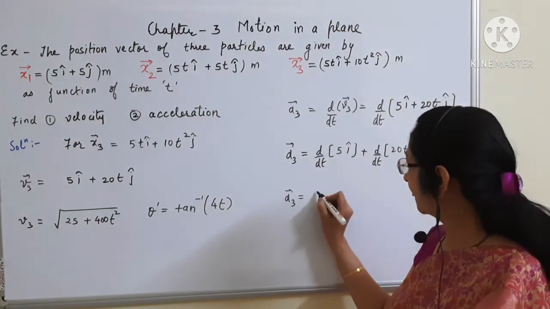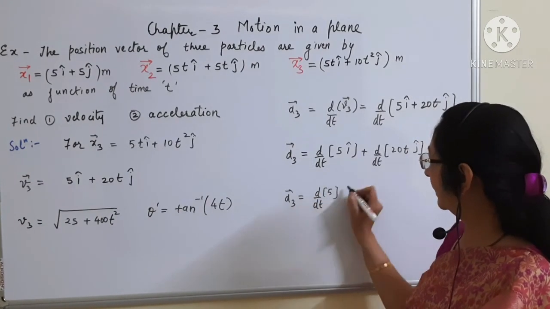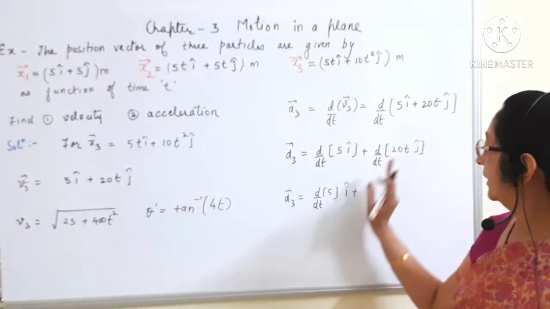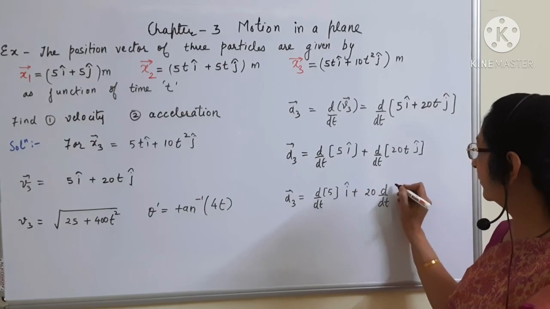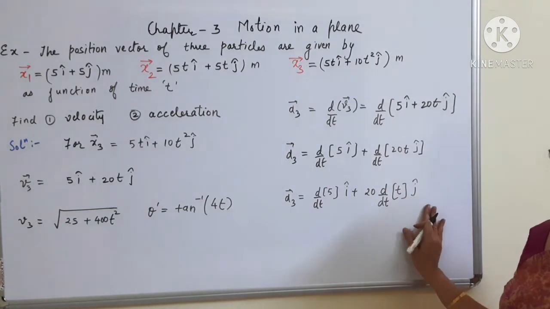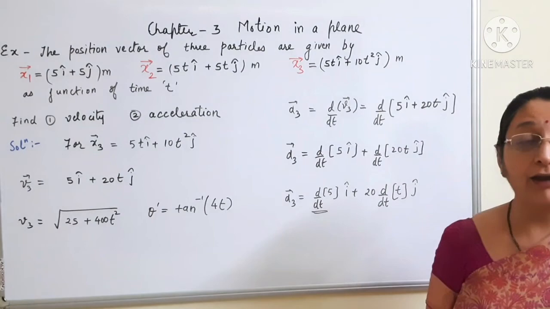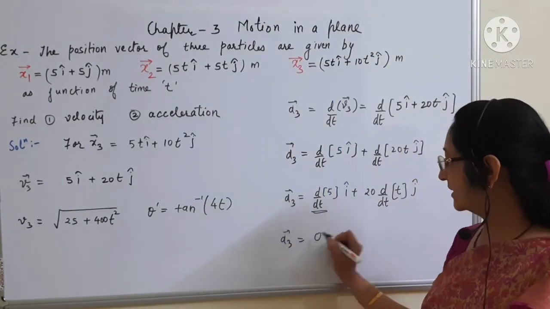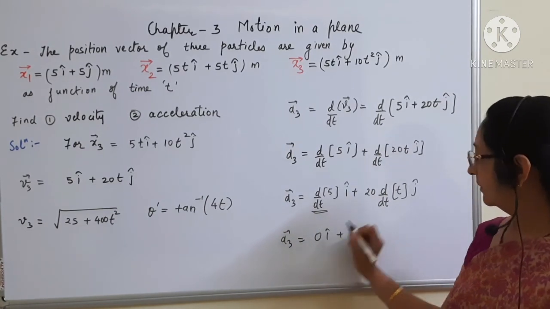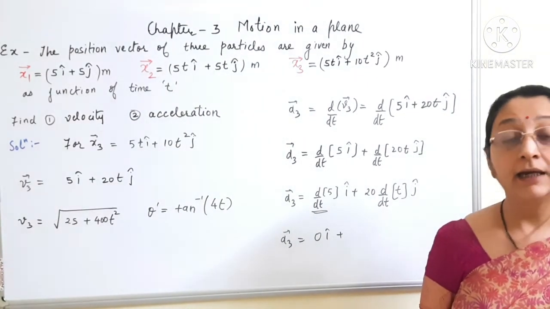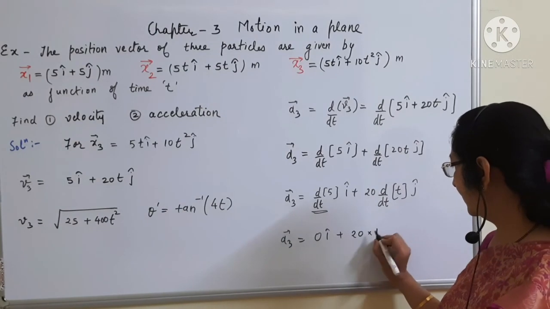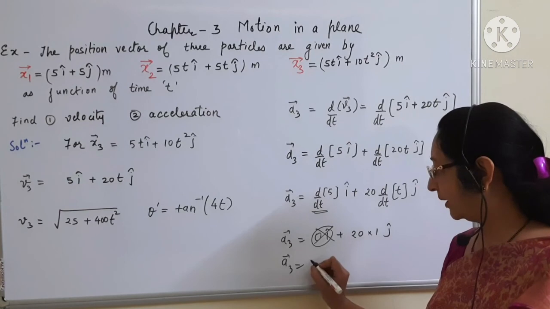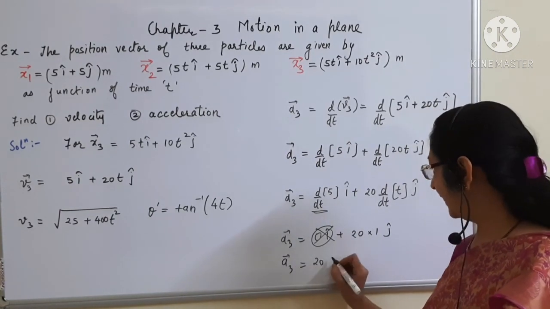5 हा constant आहे. आपण याला कसं लिहिलं? d dt of 5. इथे बाहेर i लिहिलं. प्लस 20 ही कॉन्स्टंट टर्म आहे म्हणून इथे काही नाहीच आहे, म्हणून आपण इथे 5 राहू दिलेलं आहे. ही 20 आपण बाहेर घेतलं. सो 20 d dt of t इंटू इथे आपण j इथे बाहेर लिहिलं. सो आता ही कॉन्स्टंट टर्म आहे. 5चं डिफरन्शिएशन विथ रिस्पेक्ट टू टाइम काय राहणार आहे? 0. 5 चेंज होणार नाही आहे विथ रिस्पेक्ट टू टाइम. सो a3 याचं डिफरन्शिएशन आहे 0 इंटू i प्लस d dt ऑफ t, आपण ह्याच्या आधी बघितलेलं आहे, इट इज 1. सो इथे 20, दिस इज 1 इंटू j. सो a3 दिस इज इक्वल टू, हे तर 0 आहे, हे कट झालं. दिस इज इक्वल टू 20 इंटू 1, 20. सो a3 इज 20j.